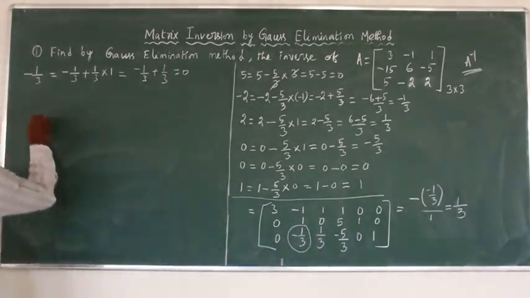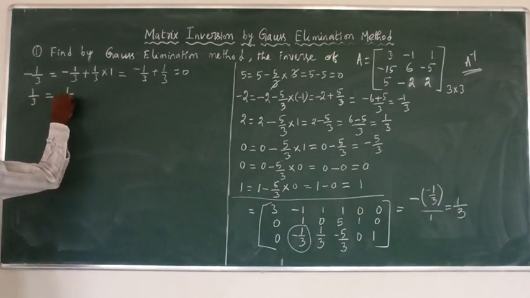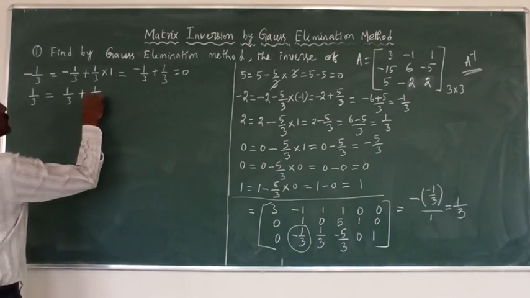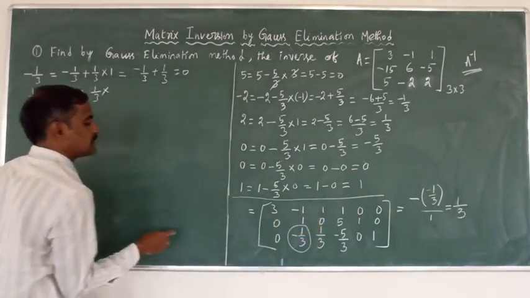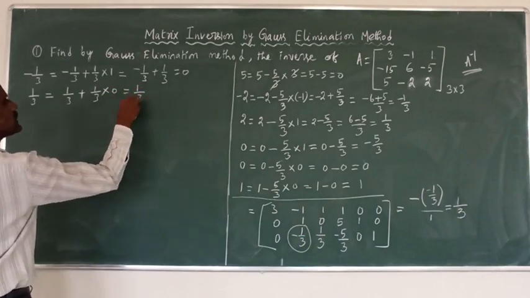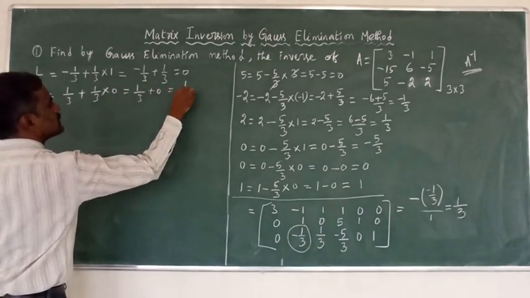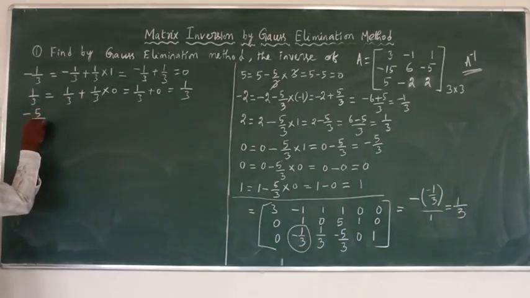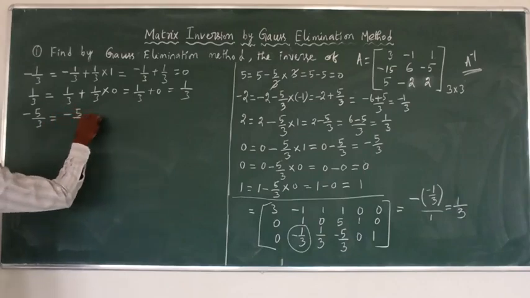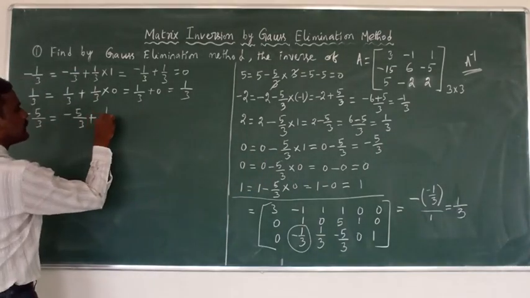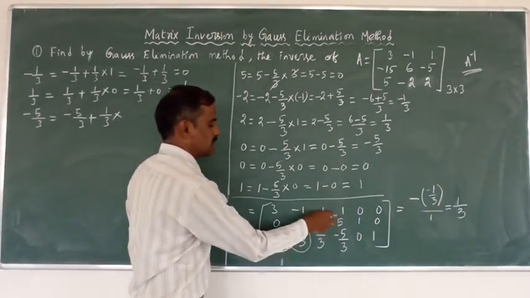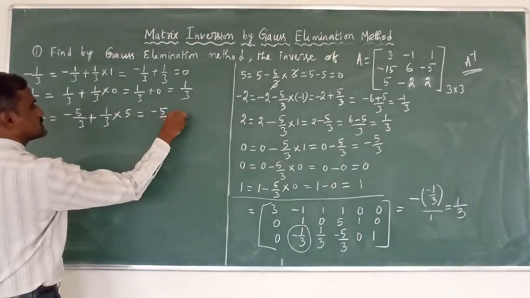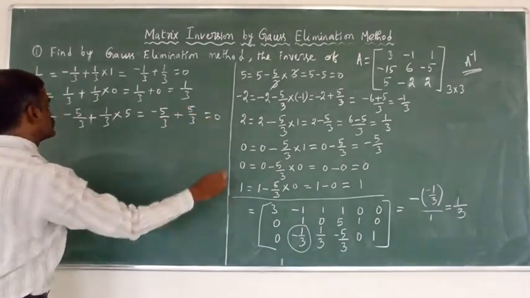Next, 1 by 3 value equals 1 by 3 plus 1 by 3 into the corresponding R value 0. 1 by 3, this is for full 0 equals 1 by 3. Next, minus 5 by 3. Minus 5 by 3 equals minus 5 by 3 plus 1 by 3 into corresponding value 5 equals minus 5 by 3 here plus 5 by 3 equals 0.